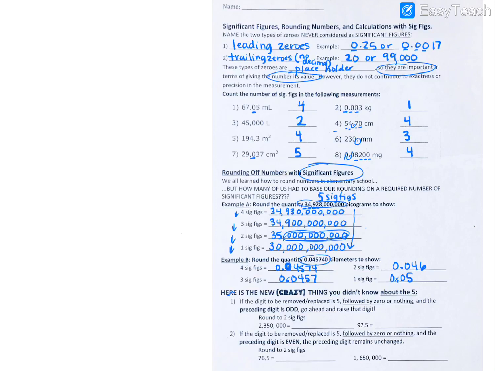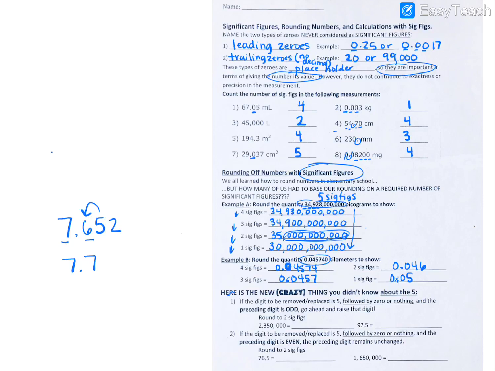There's actually a technicality to that, okay? So if you had 7.652, okay, and you needed to round this to 2 sig figs, okay? This is okay to round up. This 5 would round this up to 7.7, okay? Easy peasy, lemon squeezy, that's fine, all right?